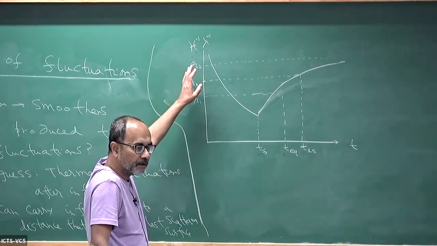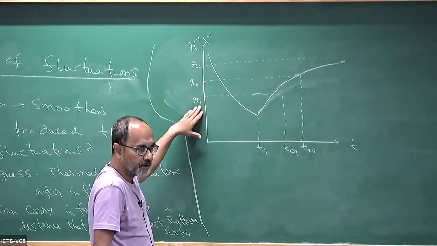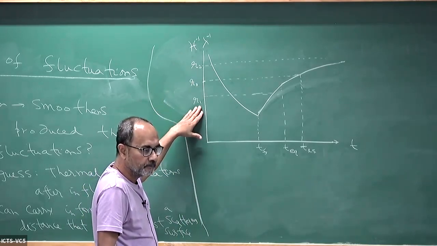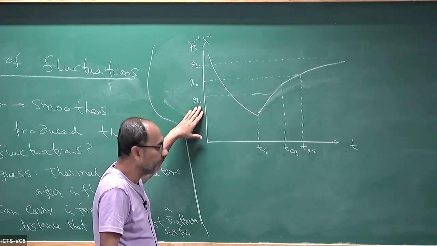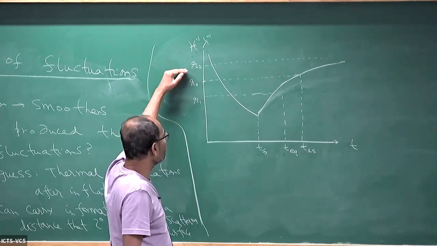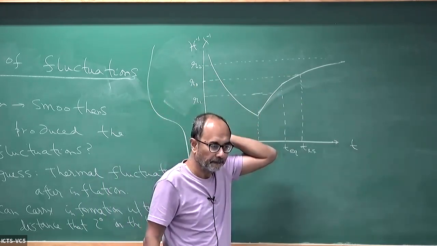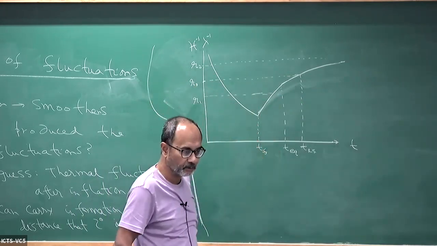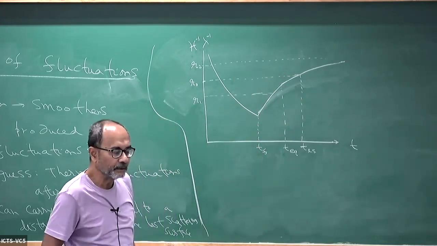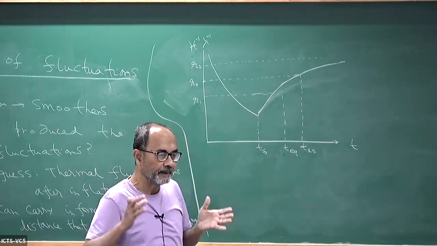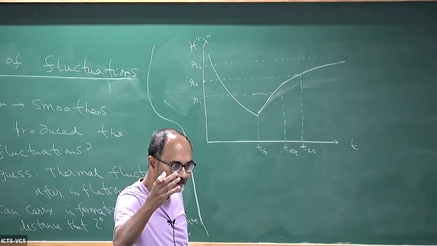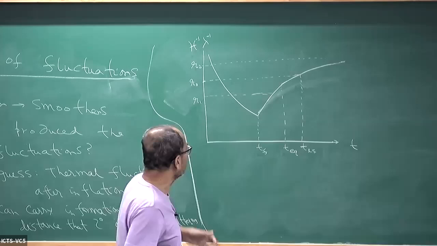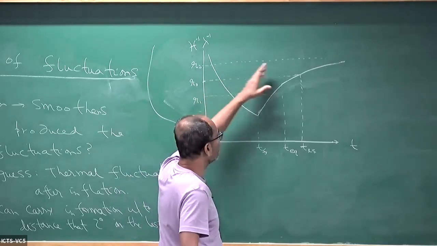R2 is larger than R naught, and this is less than R naught, less than T, the T equality also. Exactly. Okay. So what it is saying is, suppose we look at fluctuations at scale R2. Those can only be affected by, you have to produce fluctuations at that length scale.